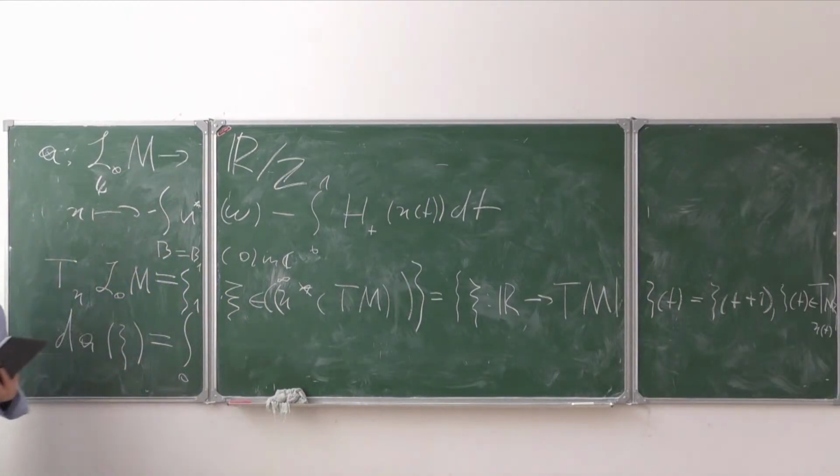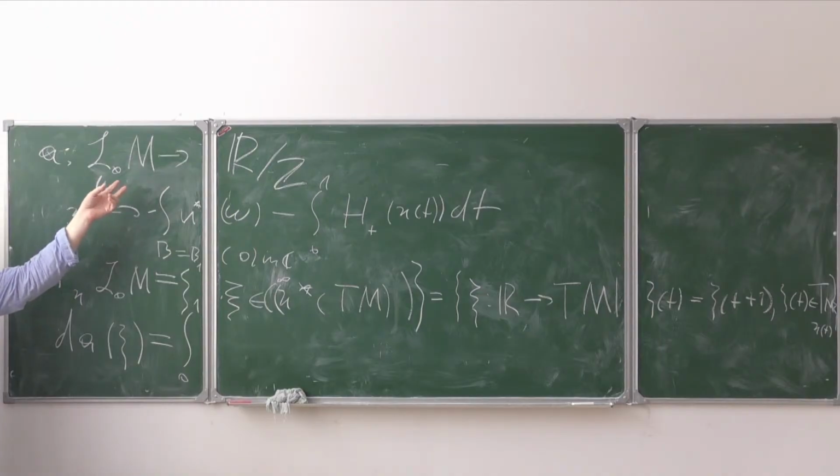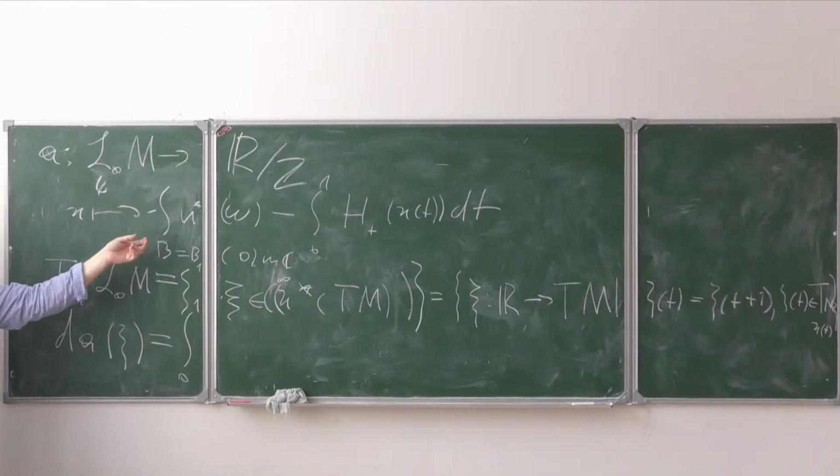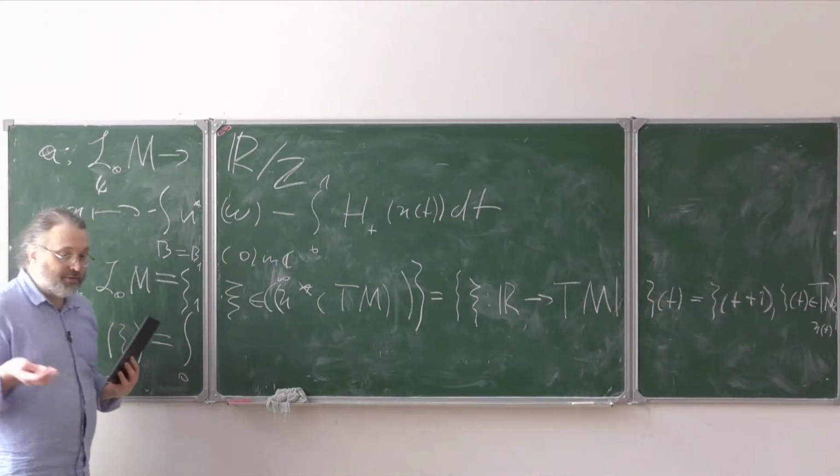Even if we have a map defined on something infinite dimensional, the differential is a map from the tangent space to R. So the differential is something comprehensible.